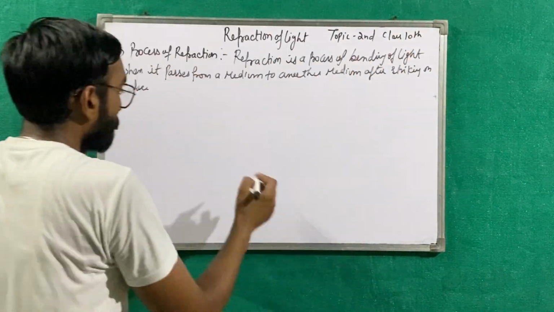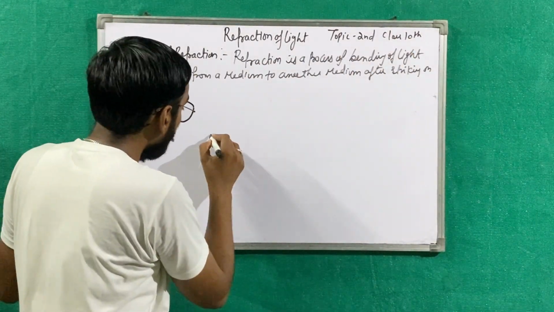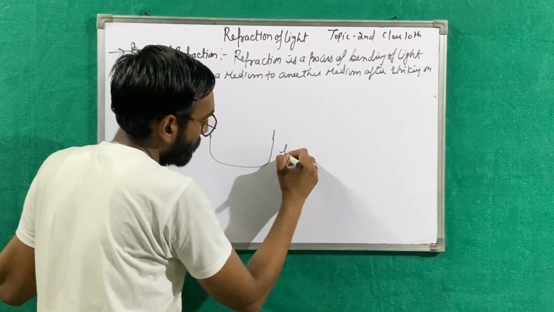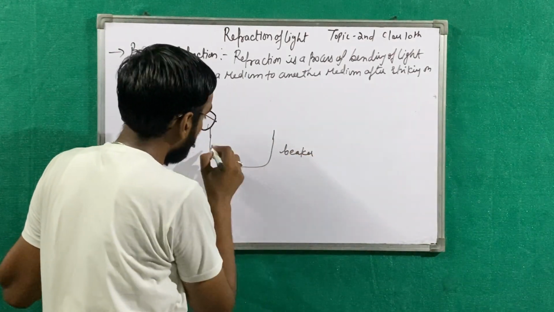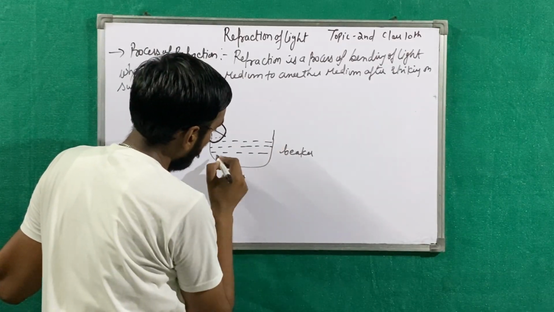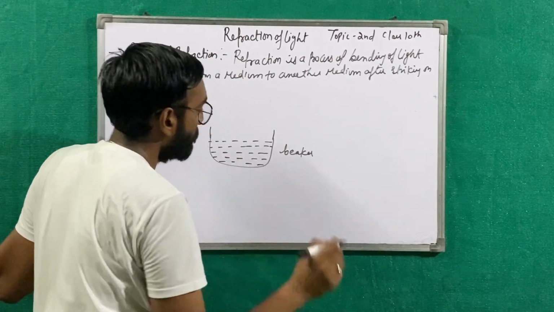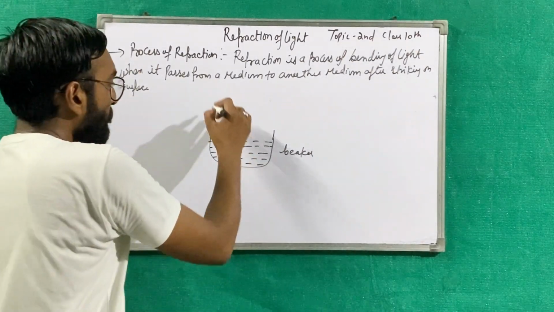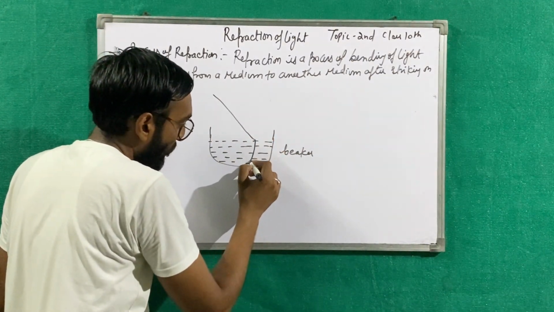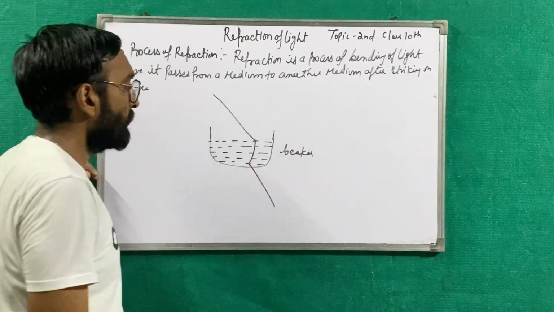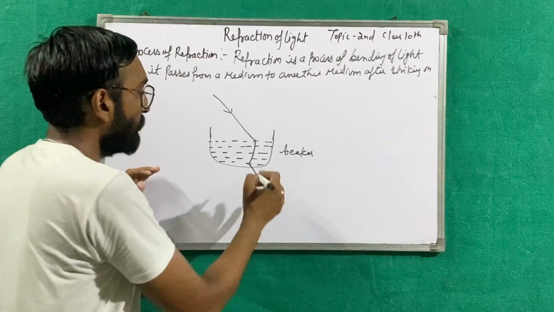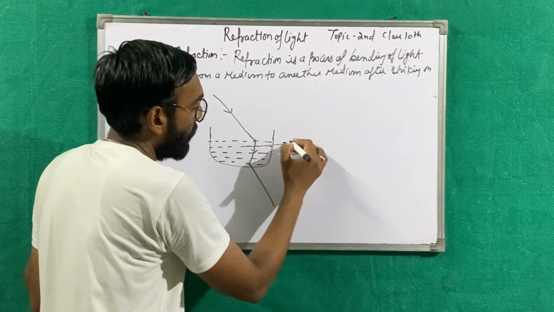Let us see how it happens. Firstly, we have a medium, like this beaker, and water is filled in this beaker. A light ray strikes the water surface and it refracts, and again it refracts. Firstly, when it strikes the water, it changes its path.